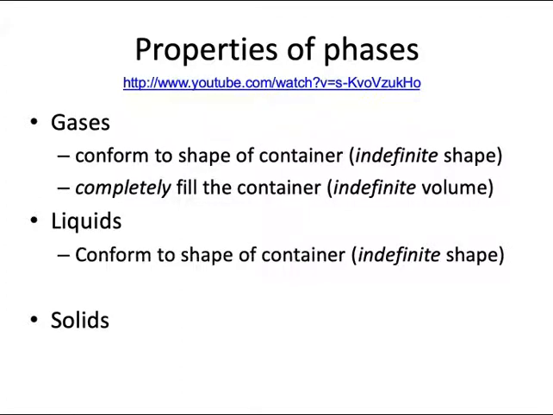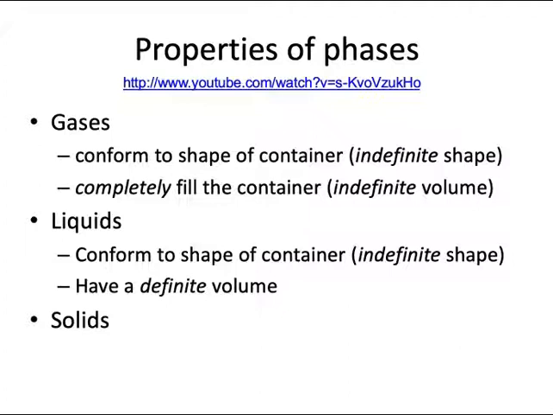And as we work down our list here, you'll notice that we change a few things. Well, liquids, right? They're moving around, but they're not moving around quite as much. And they do conform to the shape of their container, so they still have indefinite shape. But one thing they do have is a definite volume. In other words, if I had some sort of liquid that was in a beaker, and I poured it into a different beaker, it would conform to the shape of that container, but it would still occupy the exact same amount of space.